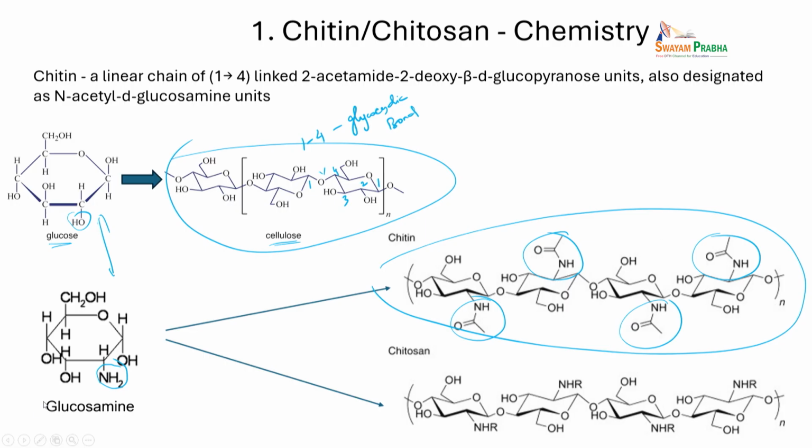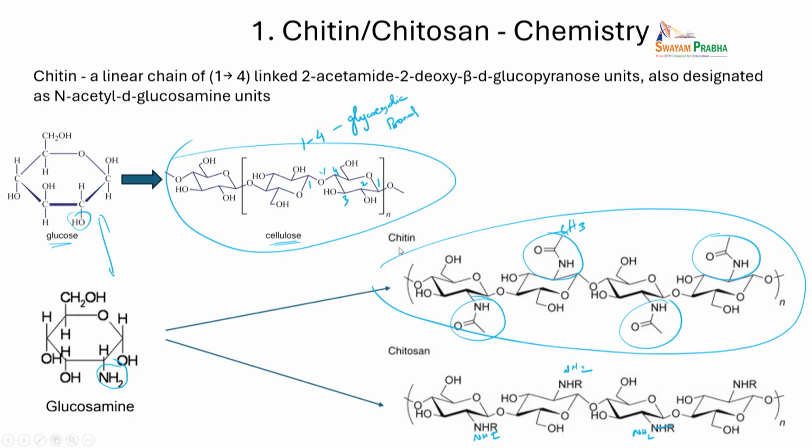Here sometimes this amine can also be acetylated. So what you have here is CH3CONH, which is called an acetylated amine. So you have two cases. If you have only the amine group, R is actually H, so it is basically NH2, and this is also NH2, and so on. When all these units are amine or glucosamine, we call it chitosan.